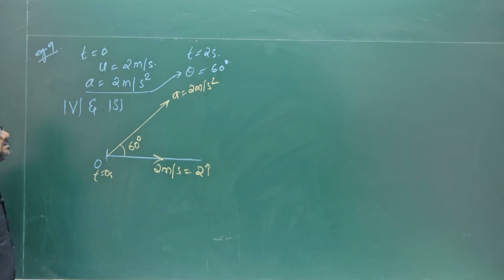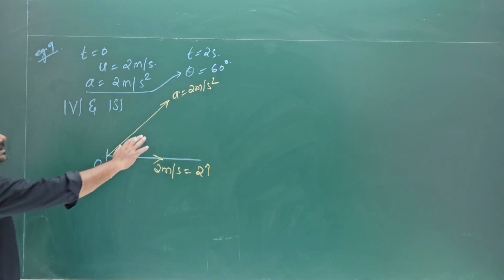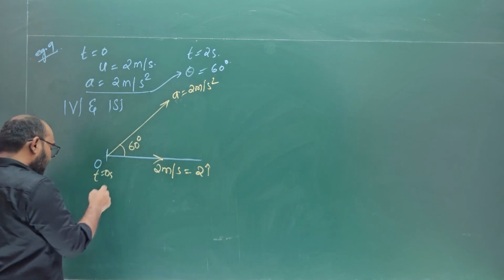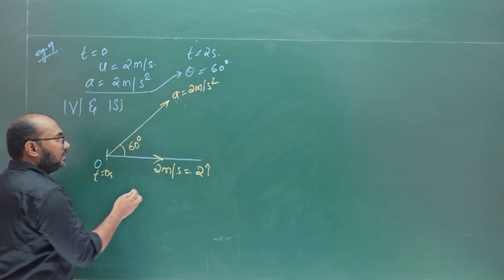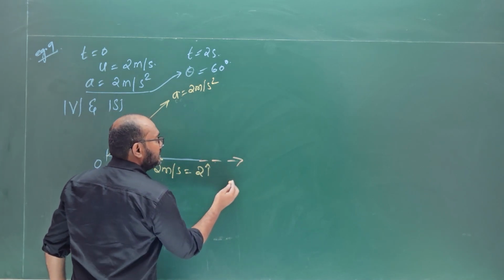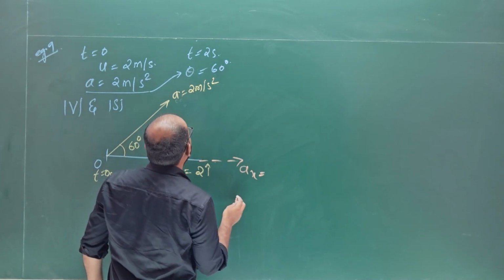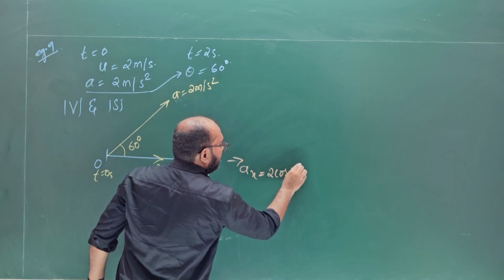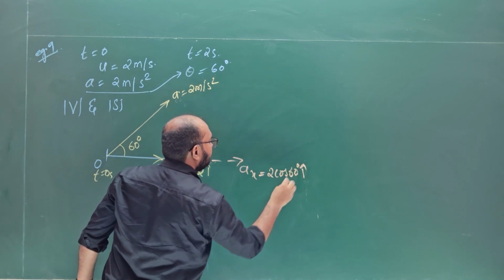Okay. The next thing, they ask you to calculate the magnitude of velocity and displacement at t equals 2 seconds. So we have acceleration, we have initial velocity, and we have the theta. And this acceleration has a component in this direction, that is ax, and this ax is nothing but 2 cos 60 degree i cap.